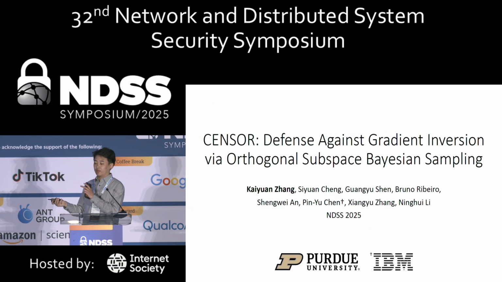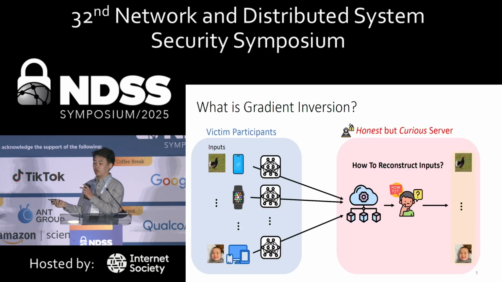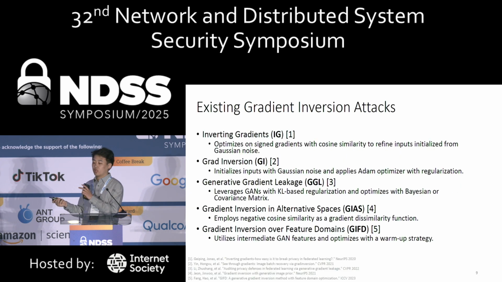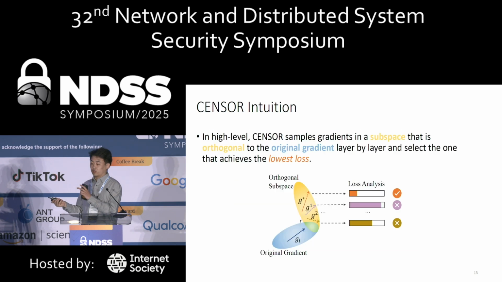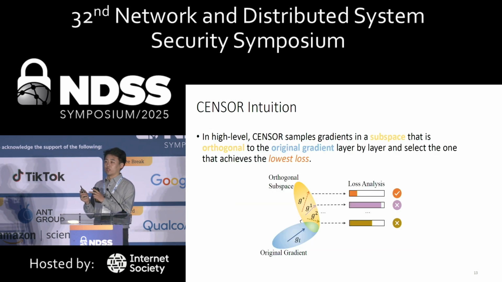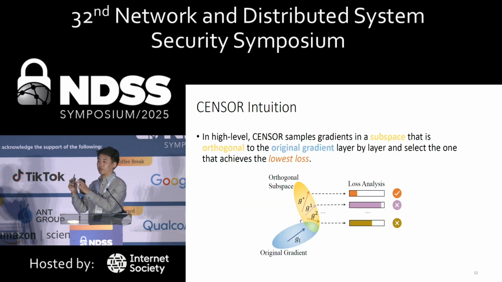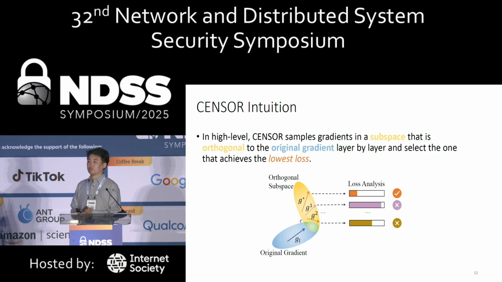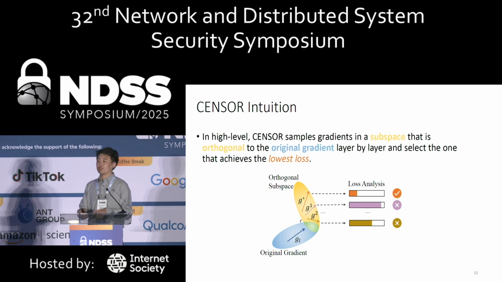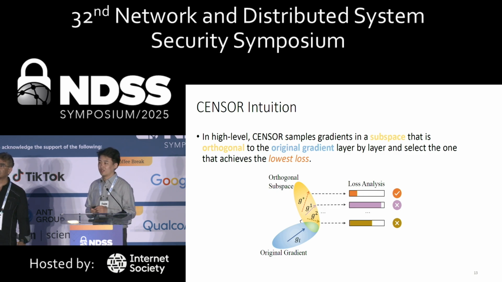If you project the gradient into a space that is orthogonal to the original gradient, it's very hard for the attacker to find the specific data to invert. So the orthogonal space can maintain the utility, and at the same time prevent the attacker from finding the original one. Yeah. Okay, thank you.